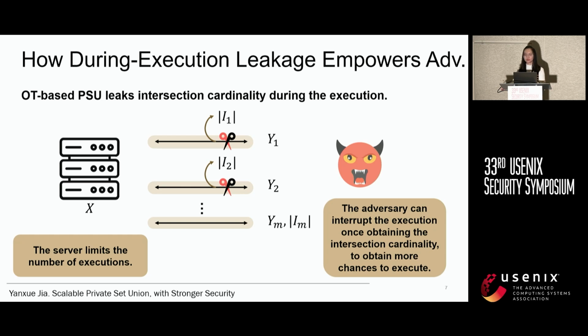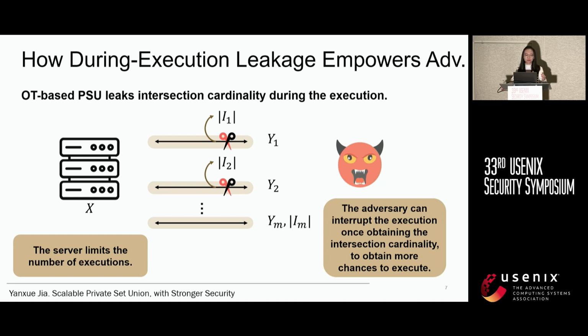Because the adversary, once obtaining the leakage, can interrupt the execution and tell the holder of the set X that, because of a network issue, they need to restart the execution again. So if we just limit the number of executions, it's not enough.